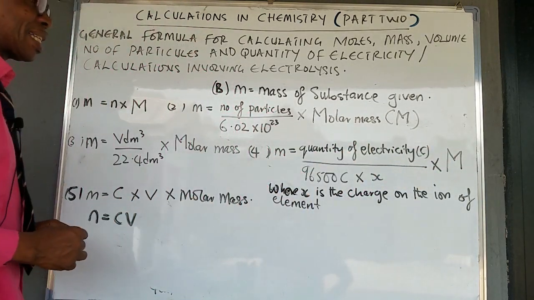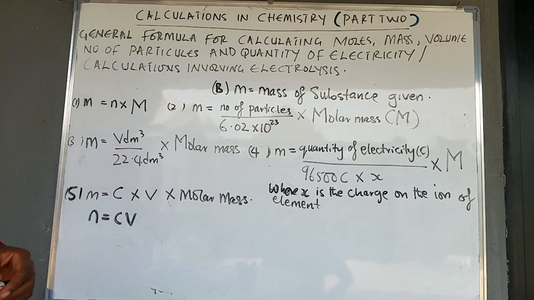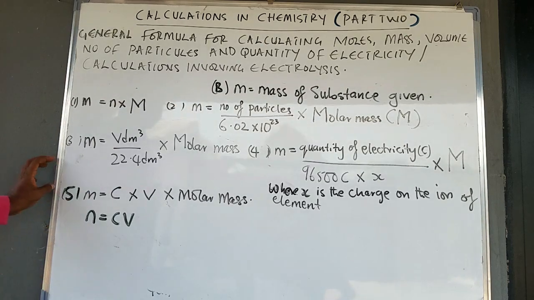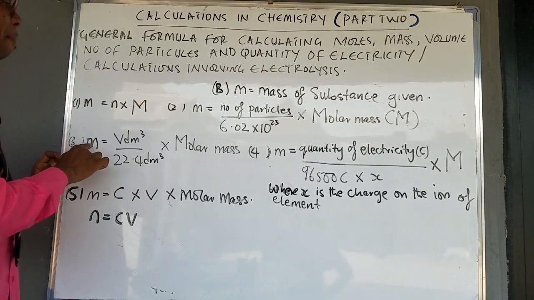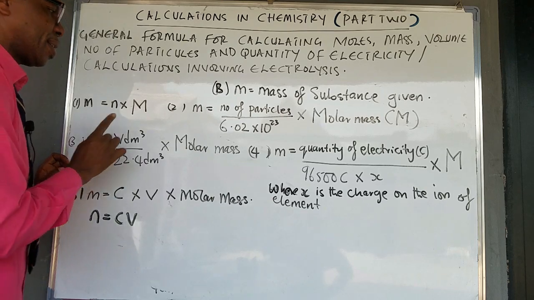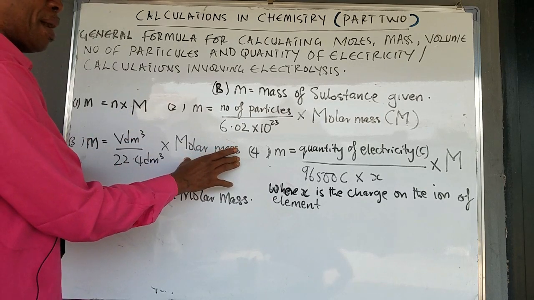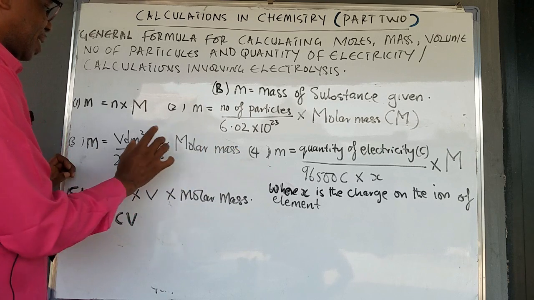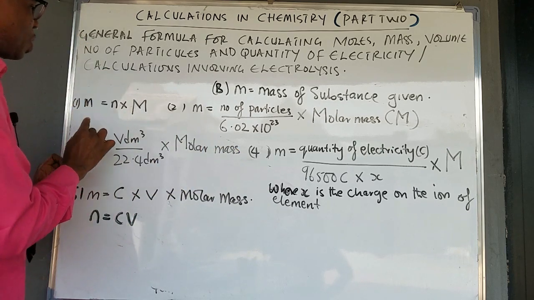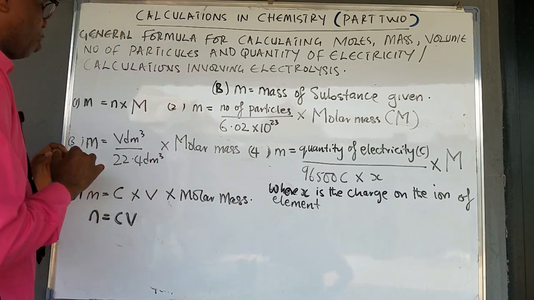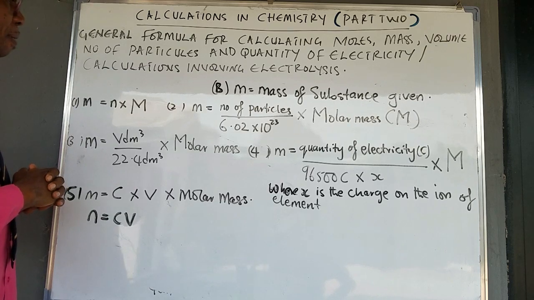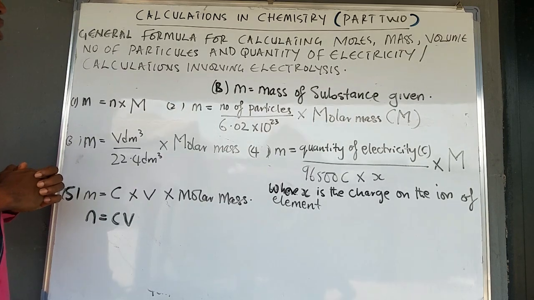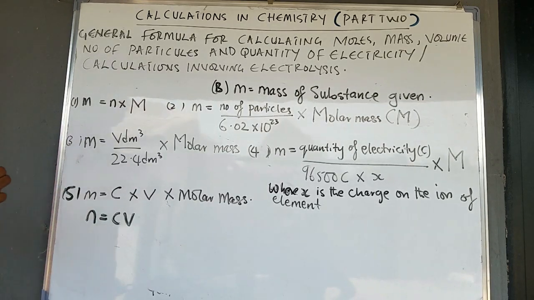So just note that difference, so that anytime you see any chemistry calculation and you're asked to find mass, please remember the molar mass. It must be here at the end. That's the only major difference between finding number of moles and finding mass in most chemistry calculations.